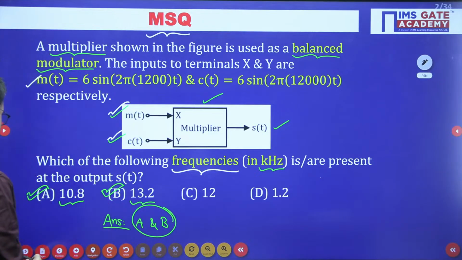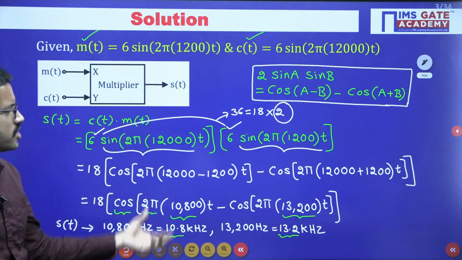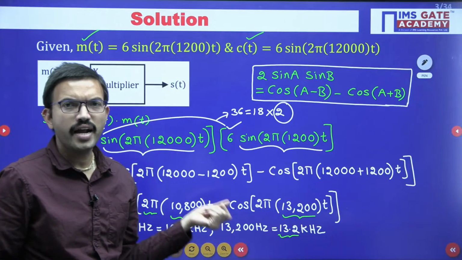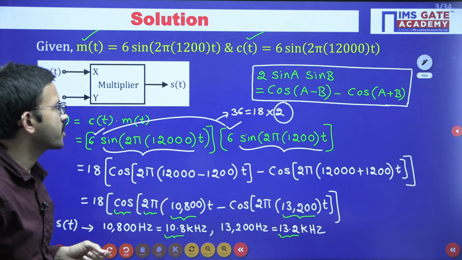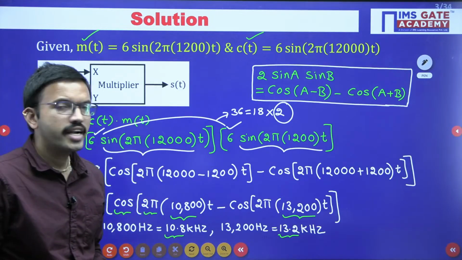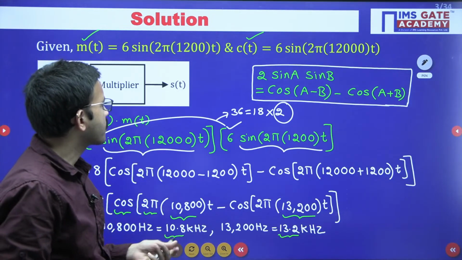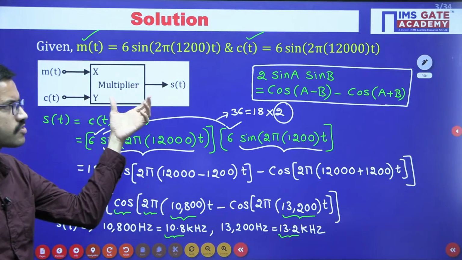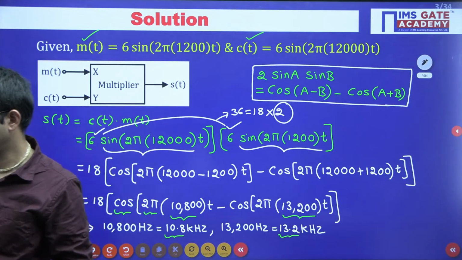Now just observe this entire simplification and what is your final observation point. All of you please observe this entire derivation and what are the final answers we are getting. From the original equations, what is your observation point?